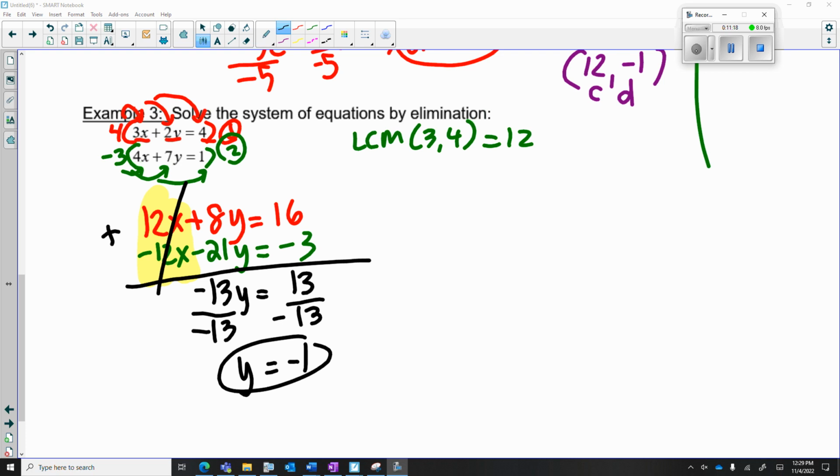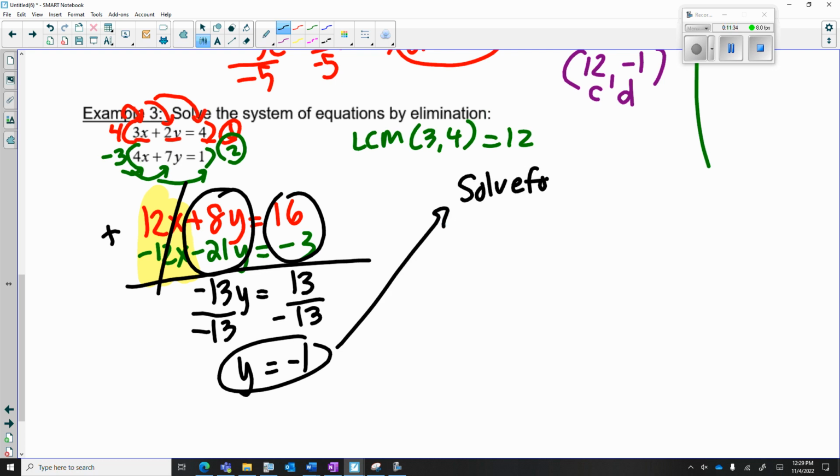As you can see, I added down the first column, 8 plus negative 21, and I got negative 13. Second one, I added 16 plus negative 3, I got 13, and then I divided, and I got y equals negative 1. Now I'm going to plug in to solve for x. So I get 3x plus 2y equals 4.